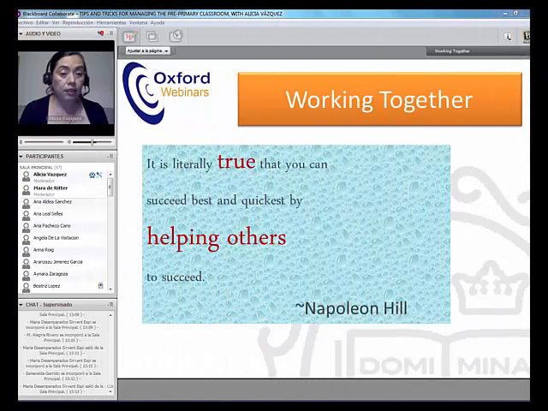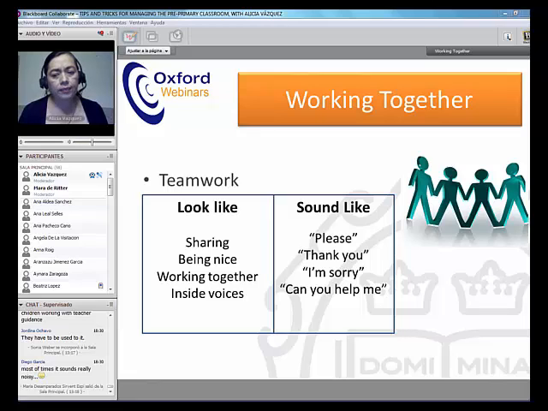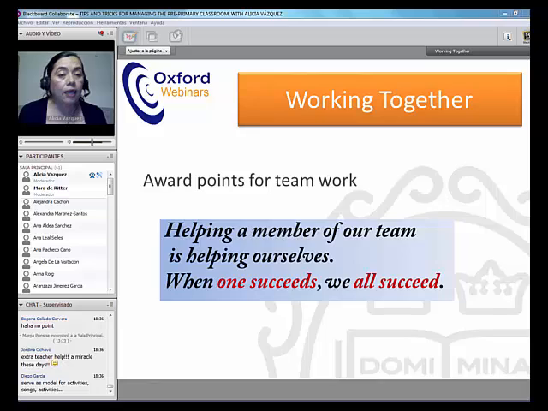lesson. Working together is one way of not only managing the classroom, but also giving students the opportunity to practice their skills in English. And one of the things that I was talking about is inside, outside voices, and monitoring their volume. A lot of students, especially the advanced students, usually want to be done with their work first, and they're used to being the first ones.